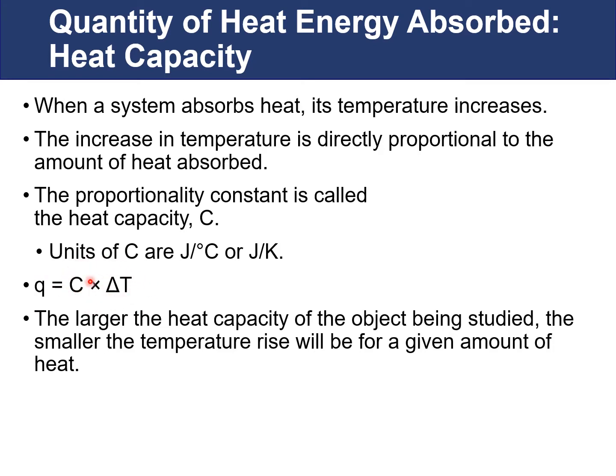What is the heat capacity? So you can be given any two of the three, and ask for the third. The larger the heat capacity of an object being studied, the smaller the temperature rise will be for a given amount of heat. If the heat capacity value goes up and Q stays the same, then delta T has to go down.